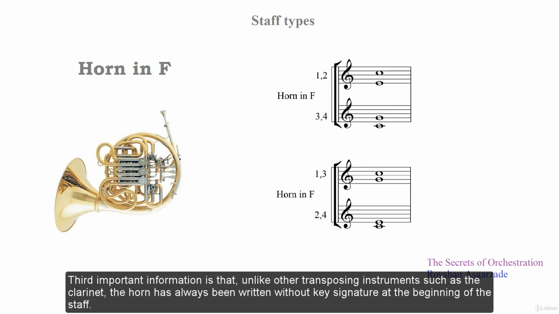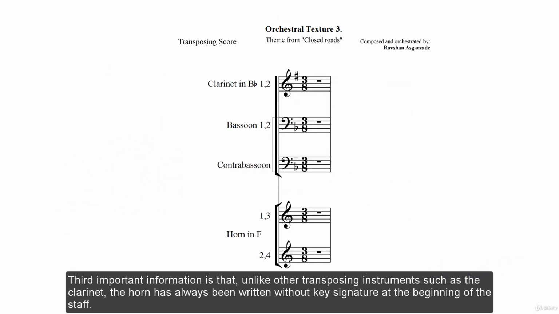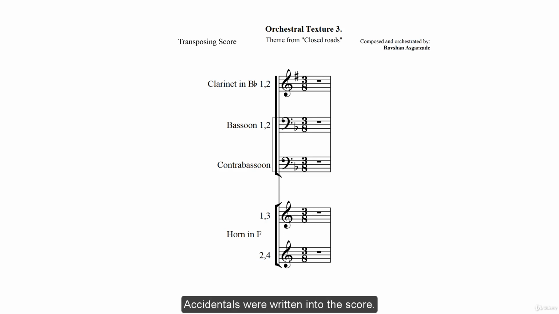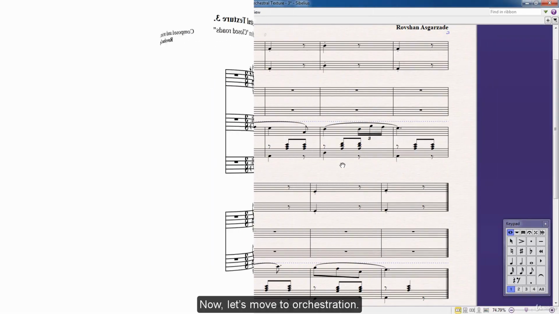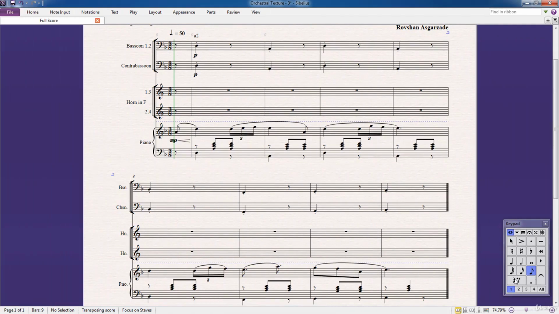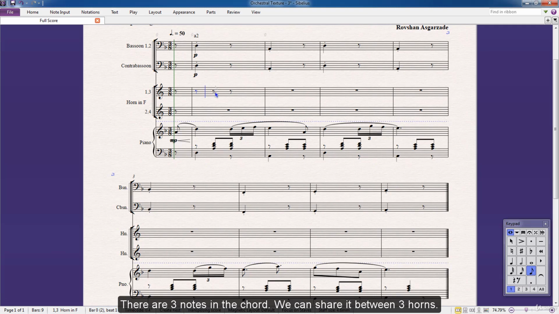The third important information is that, unlike other transposing instruments such as the clarinet, the horn has always been written without a key signature at the beginning of the staff. Accidentals were written into the score. Now let's move to orchestration. There are 3 notes in the chord.